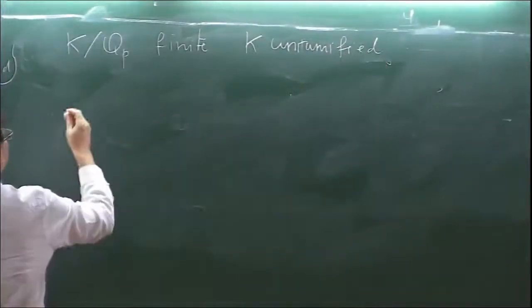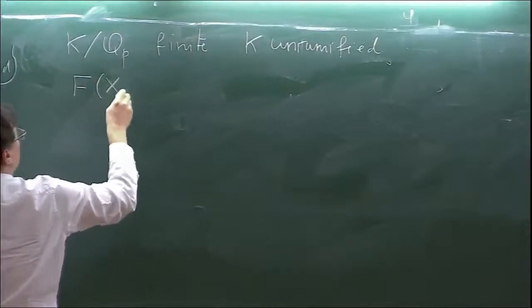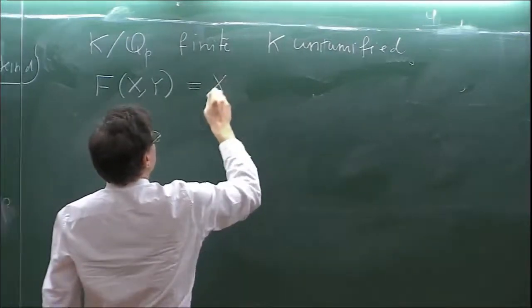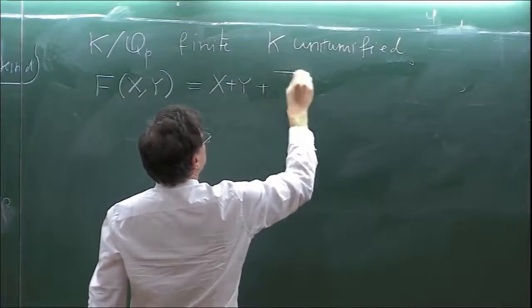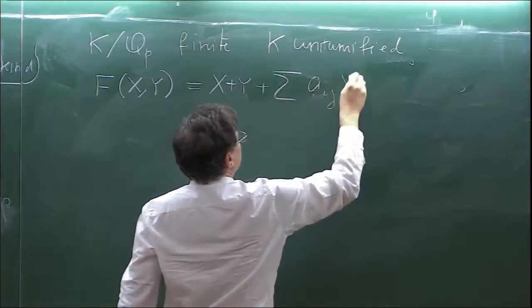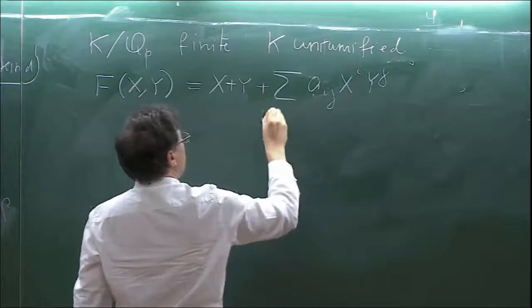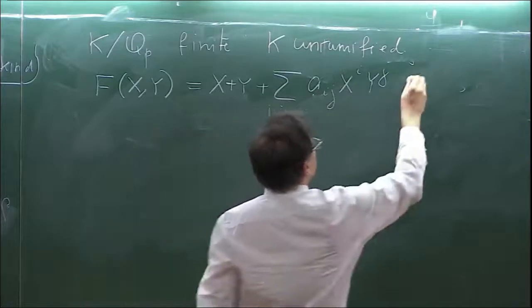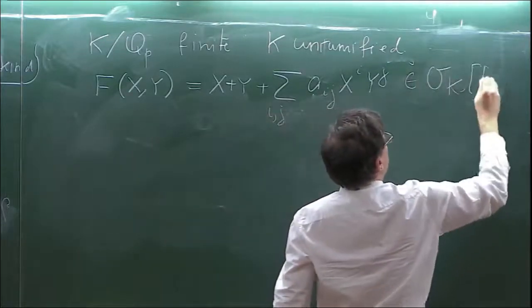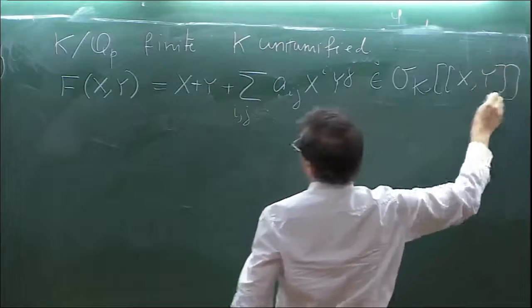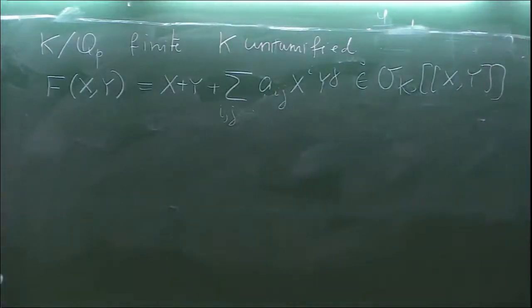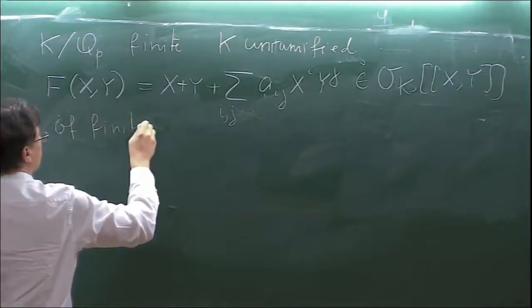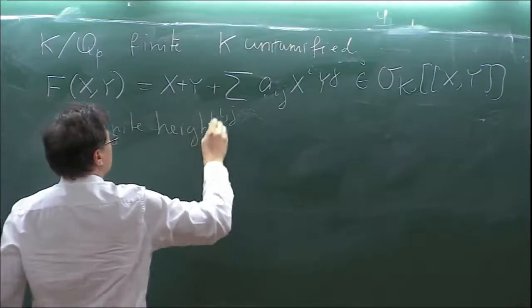And we will consider a formal group law F, which is given by a power series in two variables with coefficients in O_K, of finite height, say h.